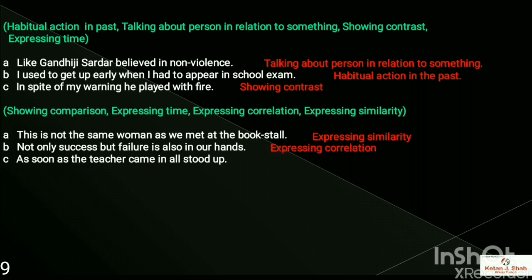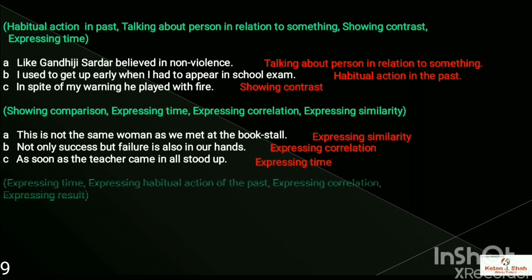Second sentence expresses correlation, that failure and success both are related with us. And expressing time: as soon as the teacher came in, all stood up. When the teacher came in at that time, so expressing time is used here.